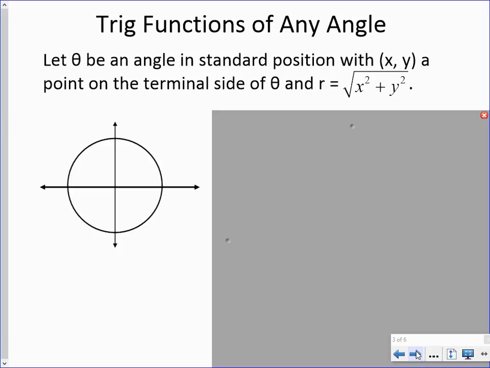And r will be equal to the square root of x squared plus y squared. I'm going to use the drawing to help us see why that is, okay, and what we're talking about.